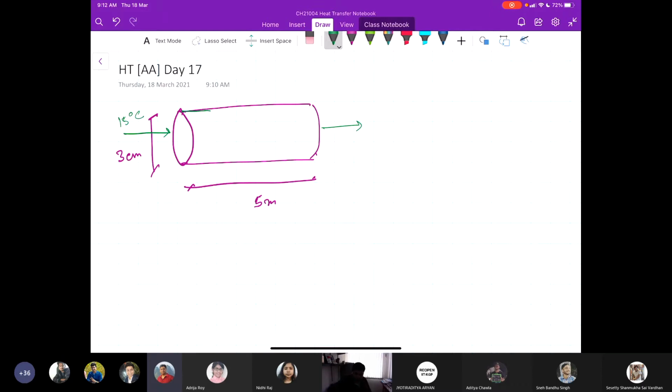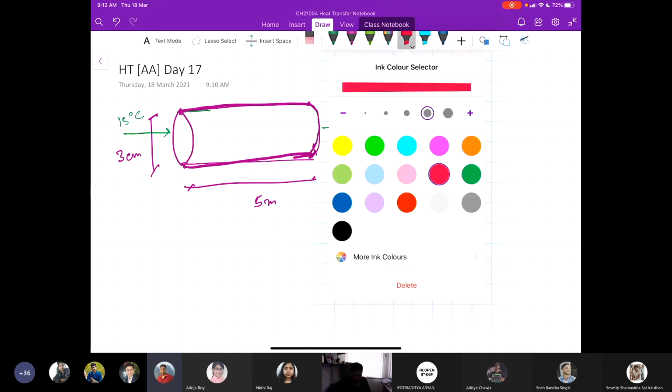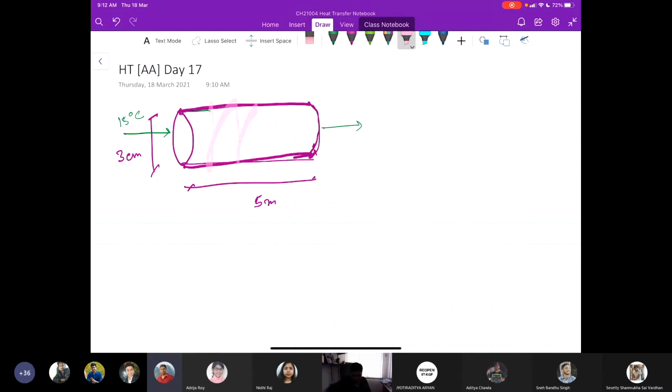The surface of this tube has, say, a heater jacket wrapped on it. So we have a wrapping on this surface that is providing a constant surface heat flux.